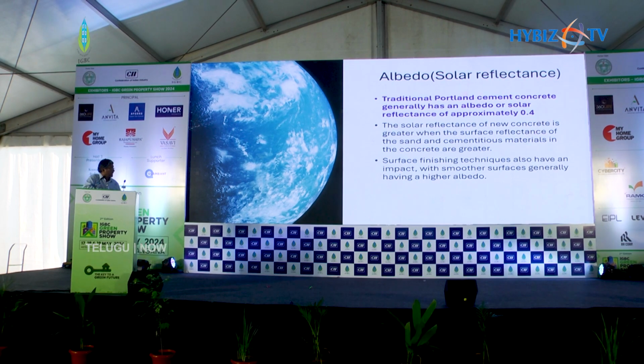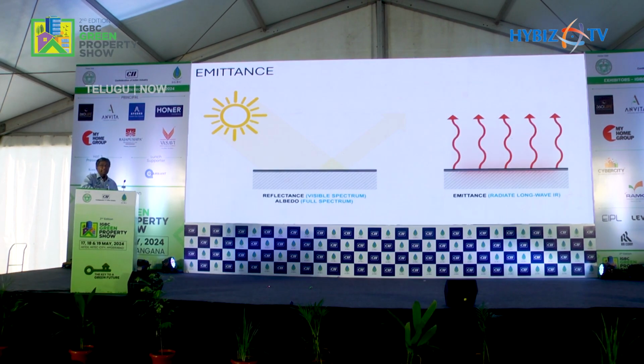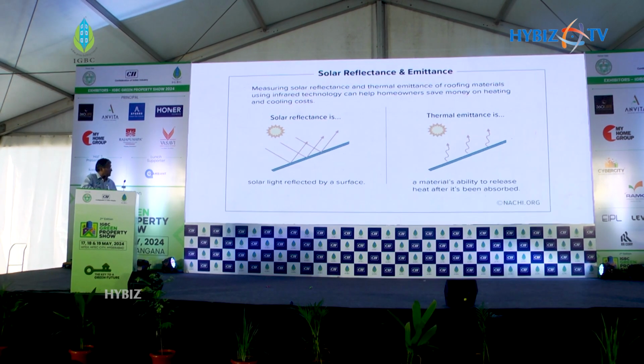But traditional Portland cement concrete generally has an albedo, a solar reflectance, of approximately 0.4, and it has a very good emittance also. Solar reflectance is good, thermal emittance is good. Nowadays, we are proposing buildings without paint.